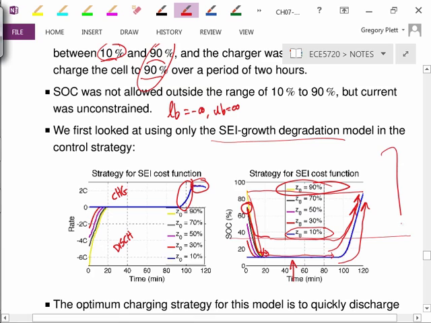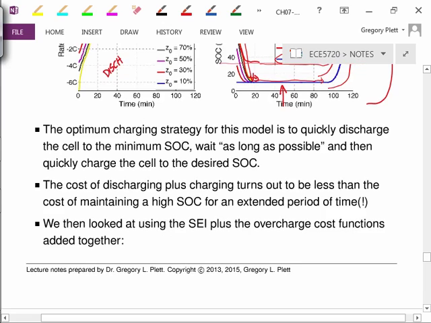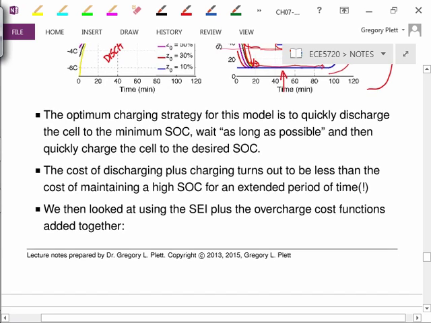So this set of examples used the total amount of SEI, or lithium loss due to SEI growth, over the profile. We can also use the overcharge cost function or some combination.